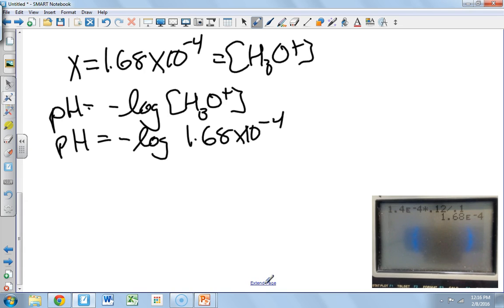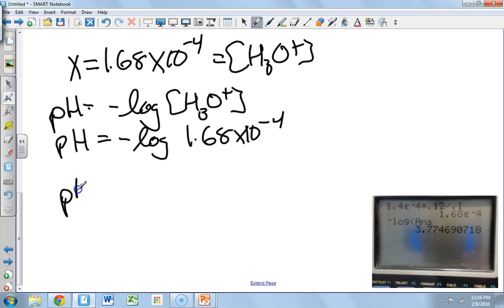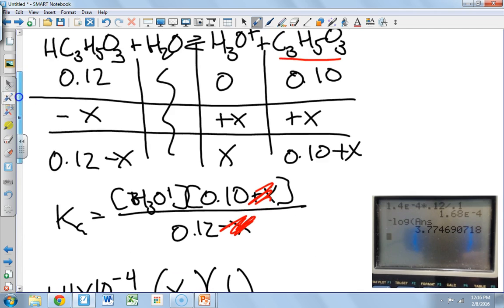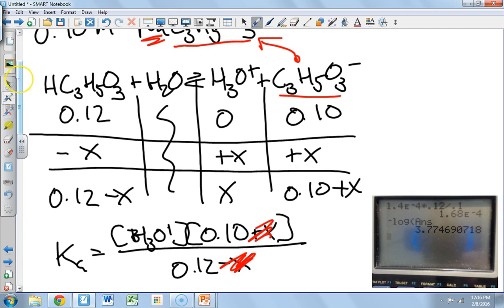Now we do the negative log of that answer, and you get that the pH equals 3.77. Cool, right? It is just a weak acid equilibrium problem with a common ion.